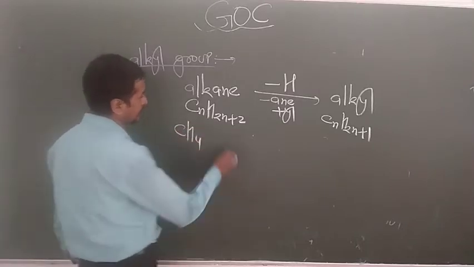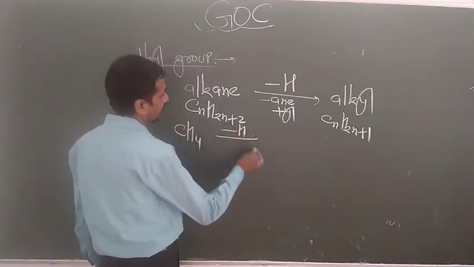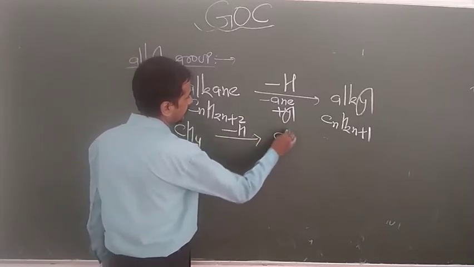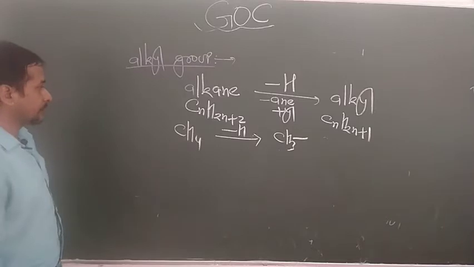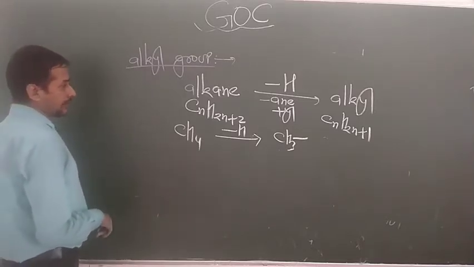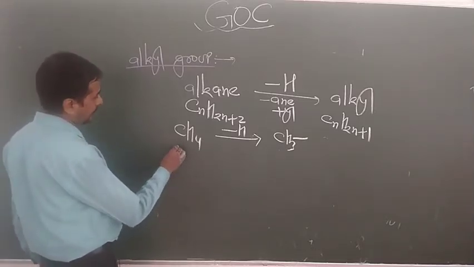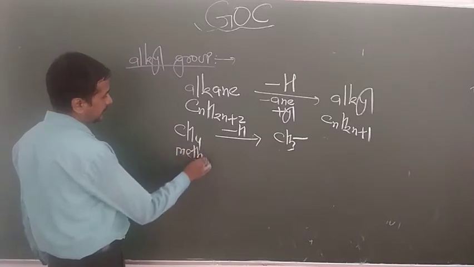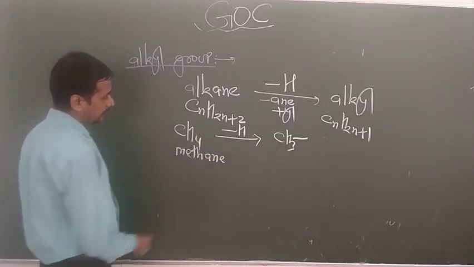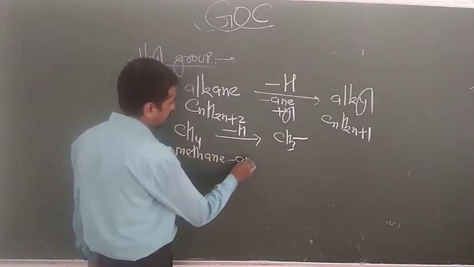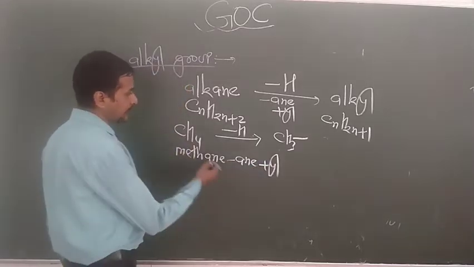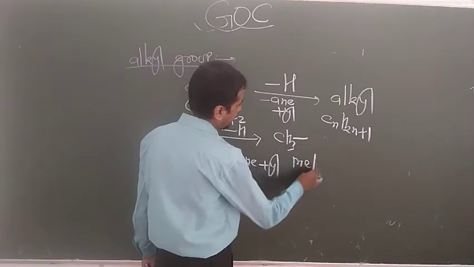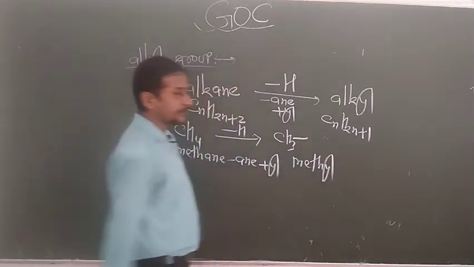Now look at some common examples. CH4, remove 1 H. This will generate CH3, and one bond is free to attach a functional group. The name of this chemical is methane. Now ane is removed and yl added, so this generates the methyl alkyl group.